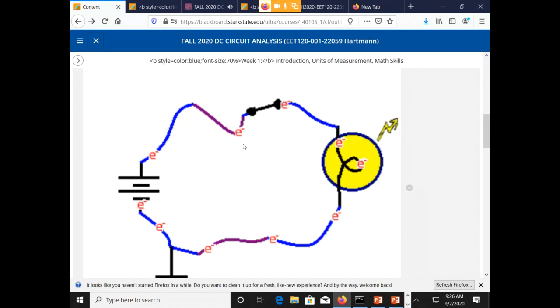But for the most part, once that train starts to move, the entire train is moving. That's the exact same thing with electricity. Once you close that switch, the electrons near the battery start moving, and when they start moving, they all push the electrons in front of them.